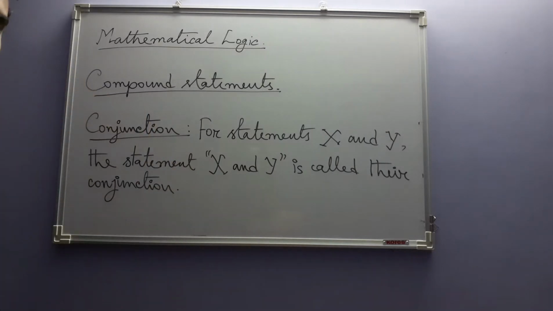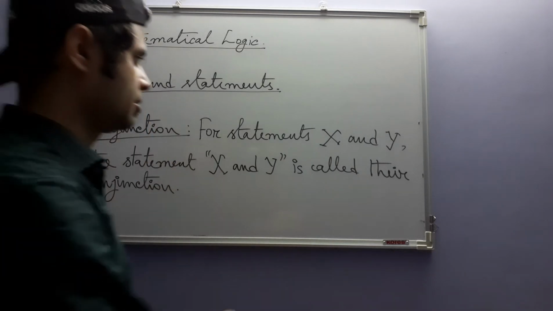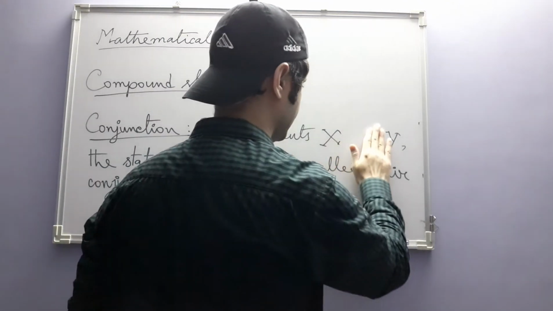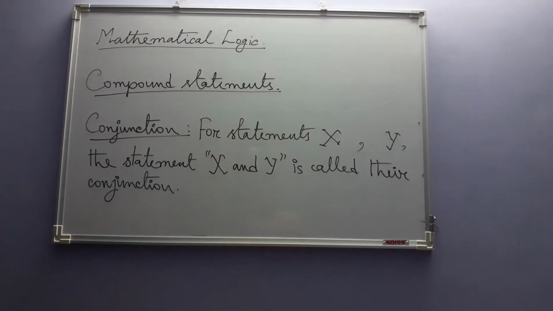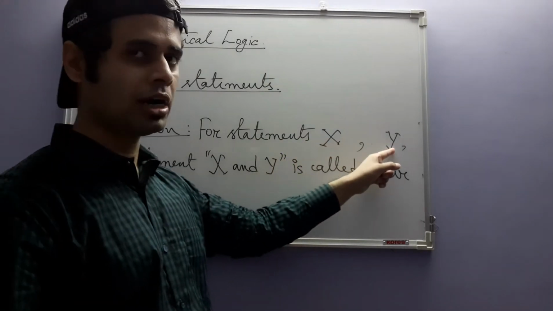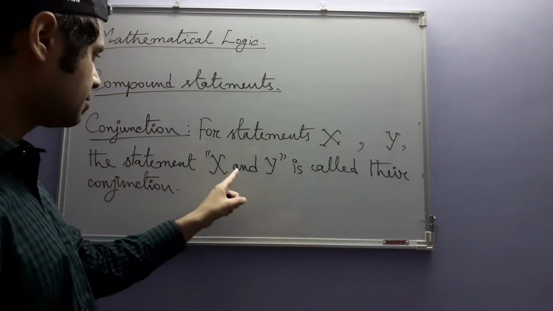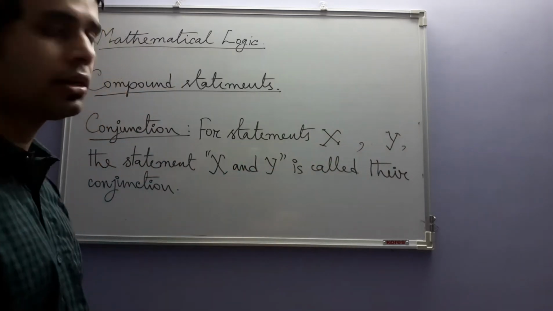So if we have two statements, let me not use and before having conjunction. So for statements x, y, the statement x and y is called their conjunction.